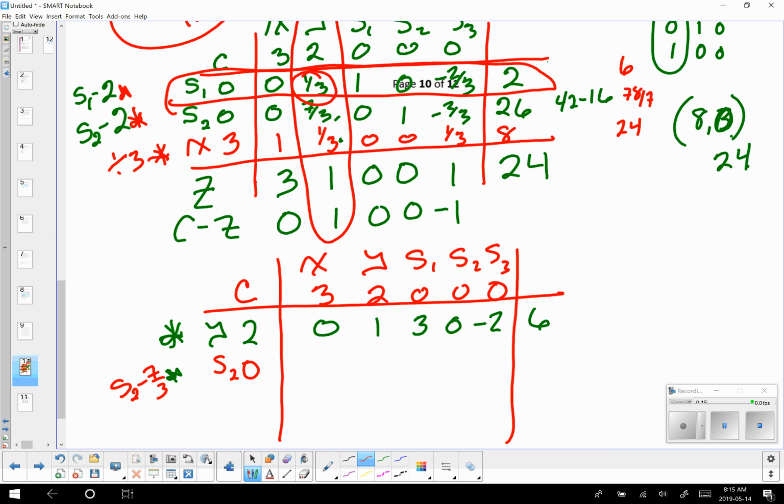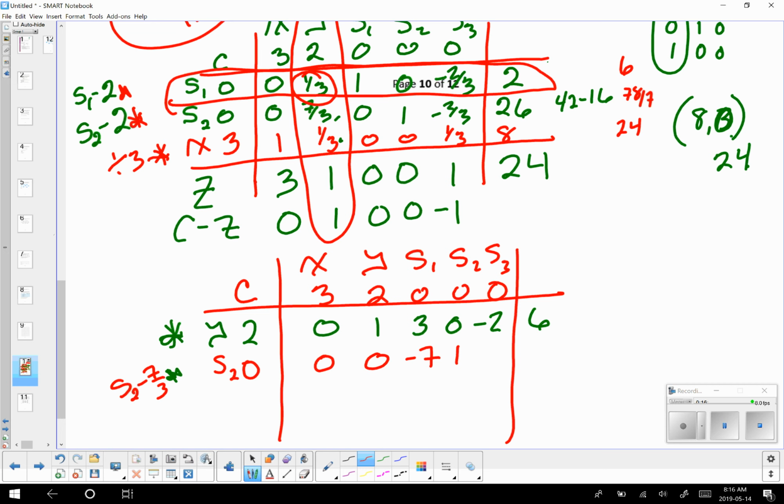So 0 minus 0 is 0. 7/3 minus 7/3 times 1 is 0. 0 minus 7/3 of 3 is minus 7. 1 minus 0 times 7/3 is 1.